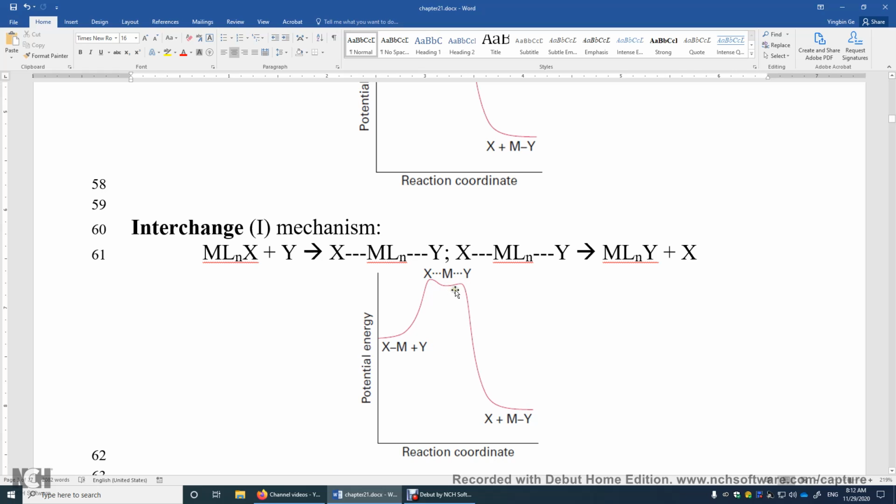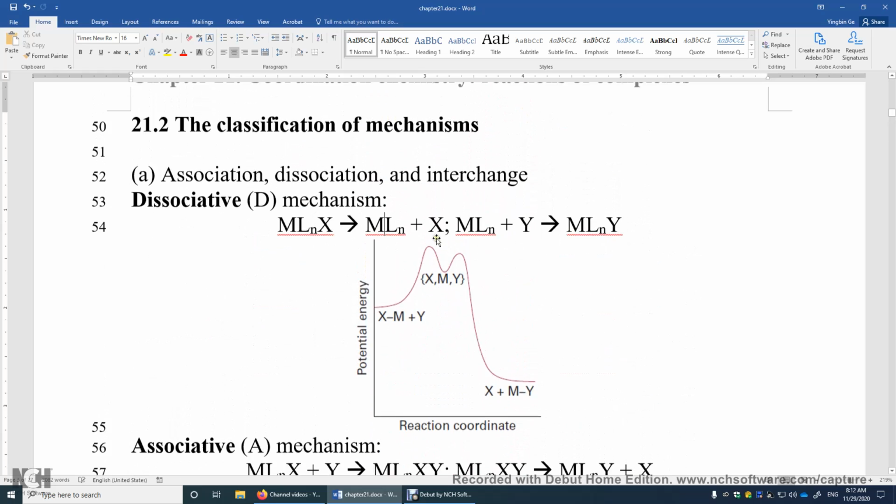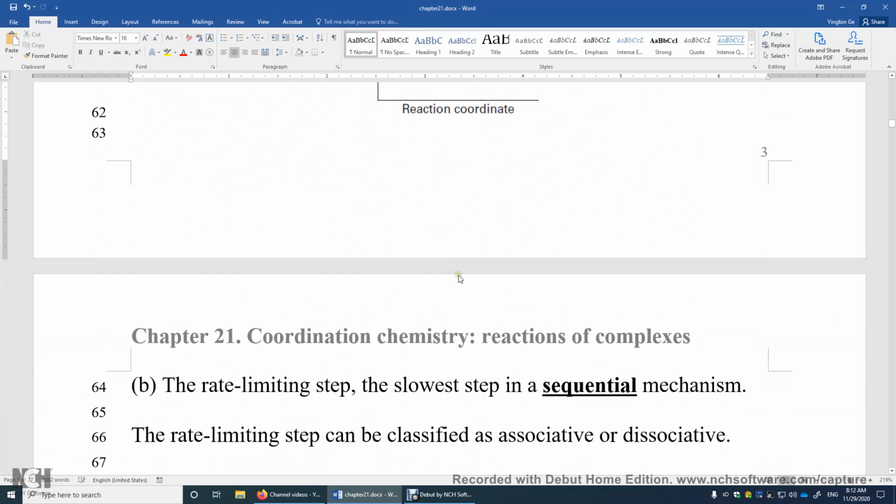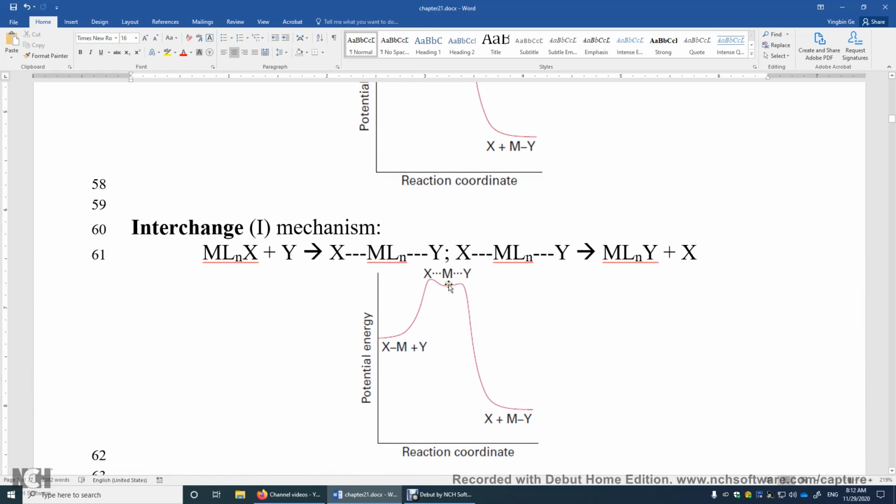The depth of this well is usually shallower than this one or this one. So it's more difficult to isolate this intermediate. But again, if you freeze this reaction mixture fast enough to a very low temperature, it's possible to isolate this species, X partial bond M partial bond Y.